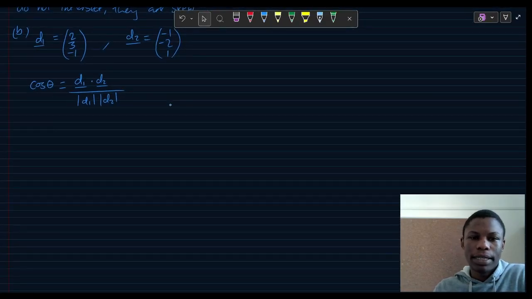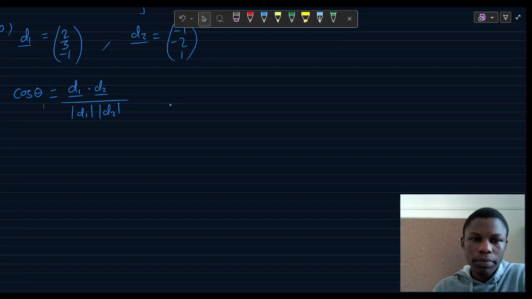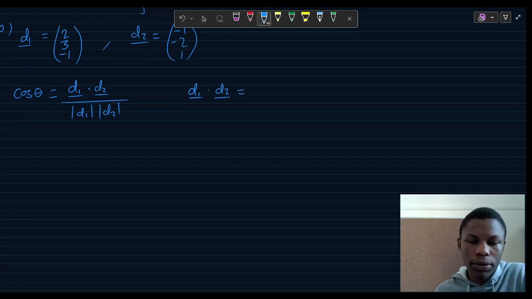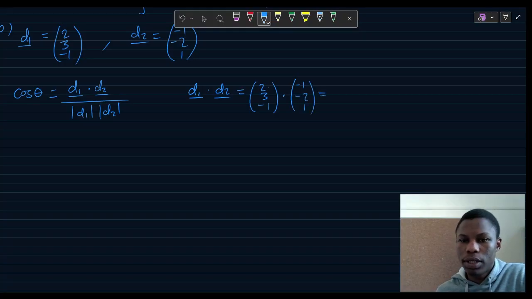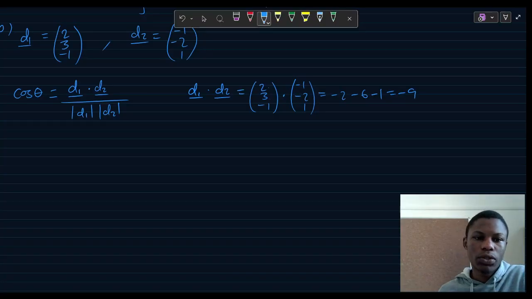So let's first find their dot product. D1 dot D2 is equal to 2, 3, negative 1 dot negative 1, negative 2, 1. This is equal to 2 times minus 1, that's minus 2, plus 3 times minus 2, that's minus 6, plus minus 1 times minus 1, that's minus 1. So that's negative 2, negative 6, negative 1, which is negative 9. That's our dot product.